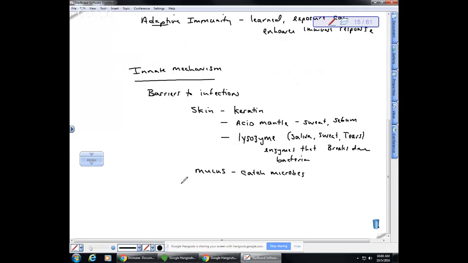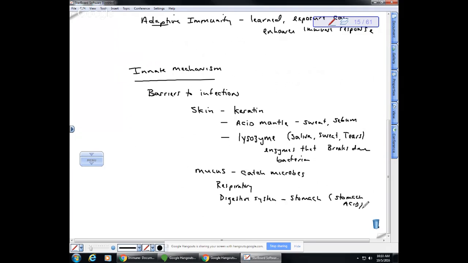We also have barriers in the digestive system, like in the stomach. We also have stomach acid. The stomach produces gastric juice.